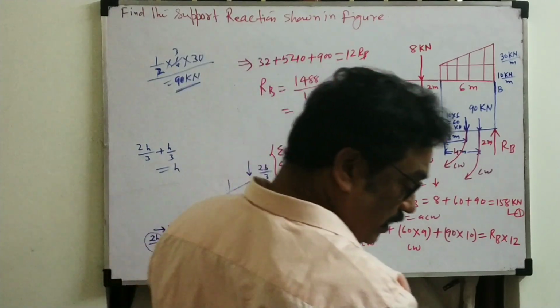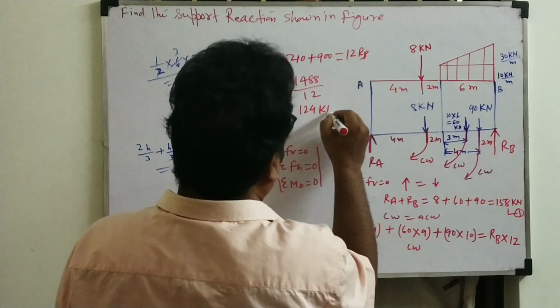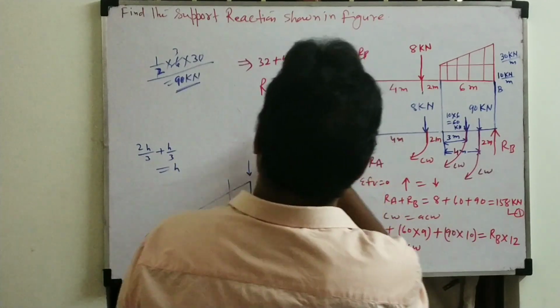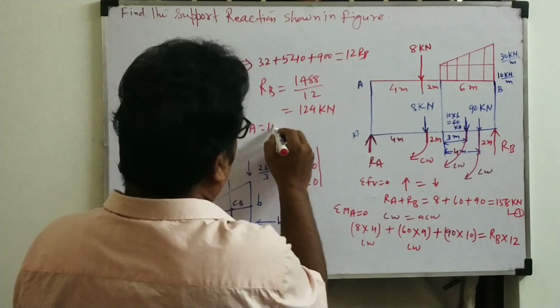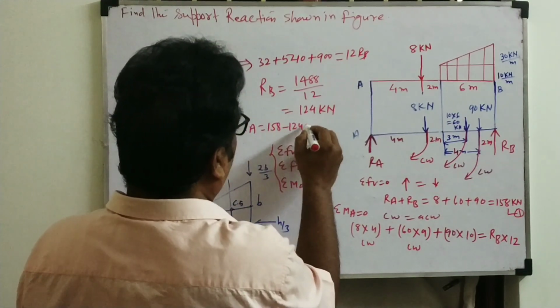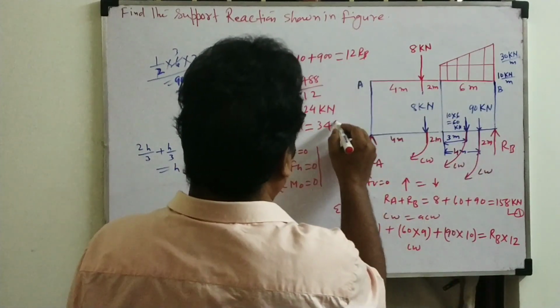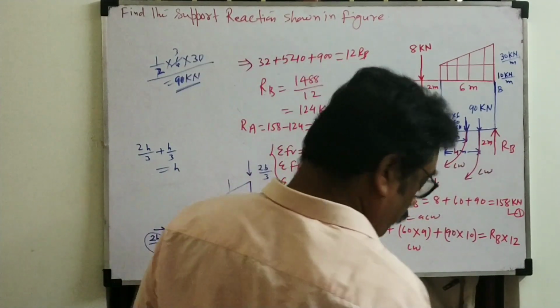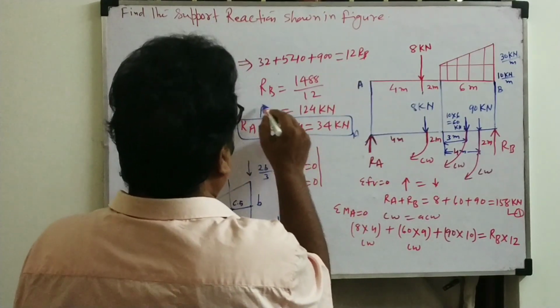So RB is coming 124 kilonewton. Now substitute this RB in equation 1. So you will get RA equal to 158 minus 124 is equal to 34 kilonewton.